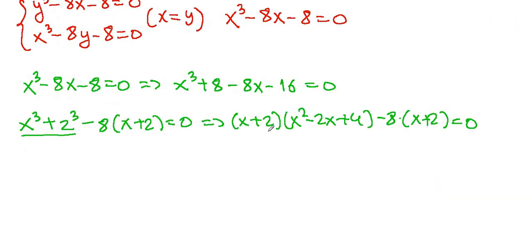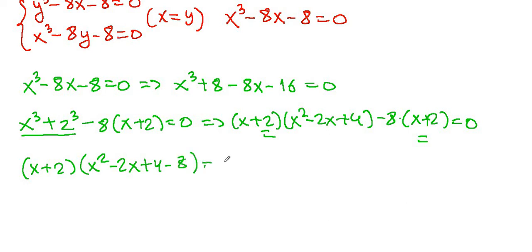So here we see that we have a common factor. If we factor out x plus 2, then in the second bracket, x squared minus 2x plus 4 minus 8 is equal to 0. So now this equation is equivalent to x plus 2 times x squared minus 2x minus 4 is equal to 0.